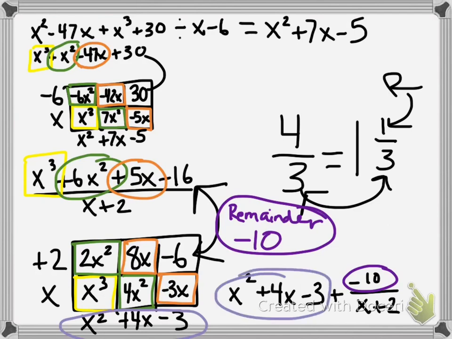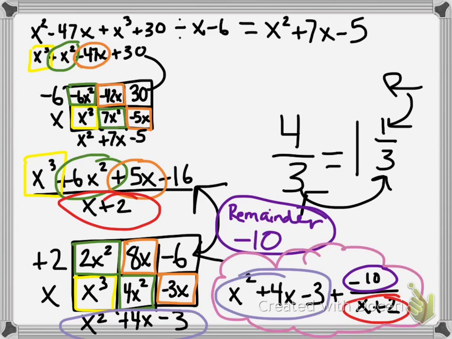And the fractional part comes from the actual denominator that was there before. Okay, so that whole part there is my answer. Pink is the whole answer. You've got to have all of it.